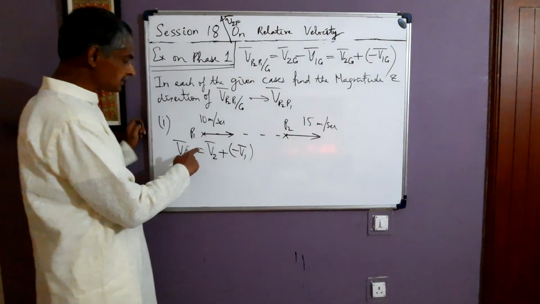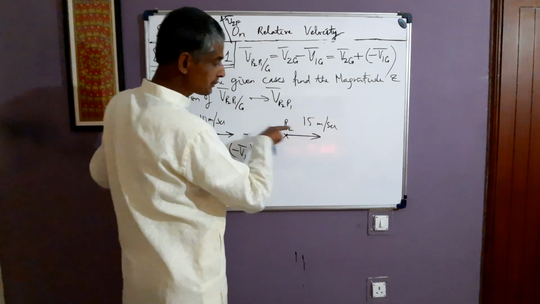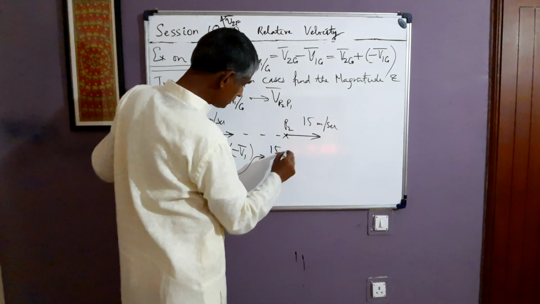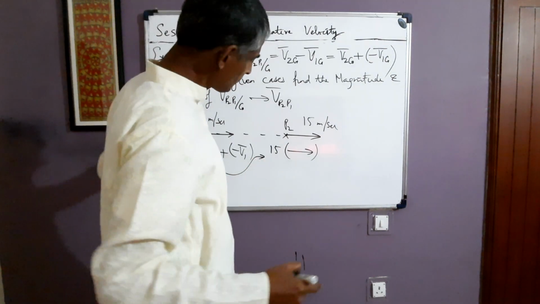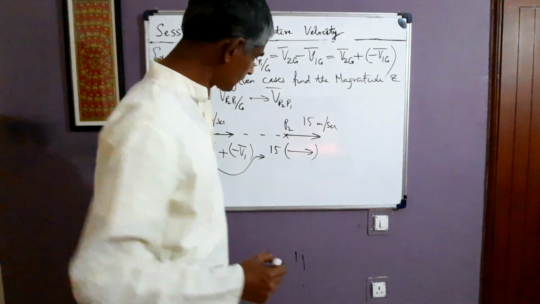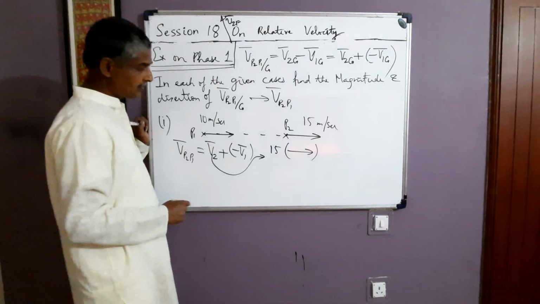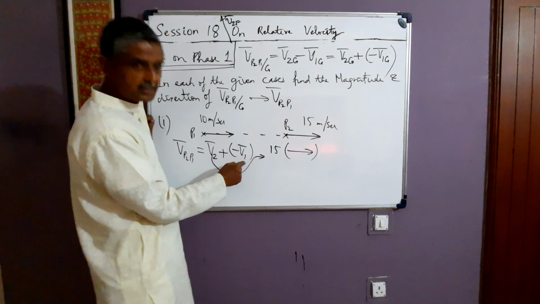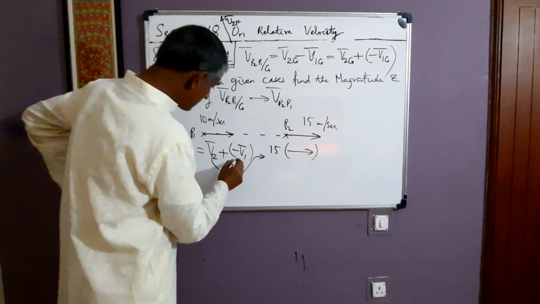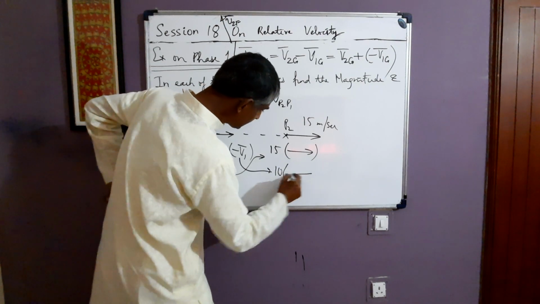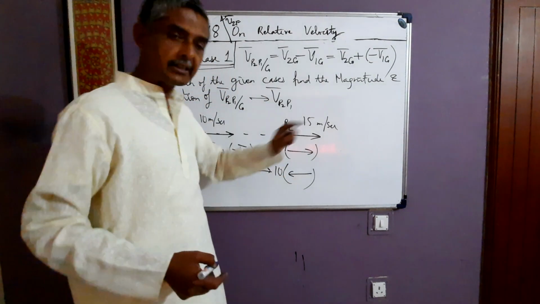So now you can say V2 is this 15, okay? 15 meter per second towards right. I just write the 15 and right. I won't write meter per second. I'll just write 15 rightward. And now V1 is 10 right. So the reverse of V1, that is minus V1, will be 10 left. Fine. So minus V1 is nothing but 10 meter per second left, and V2 is nothing but 15 right.